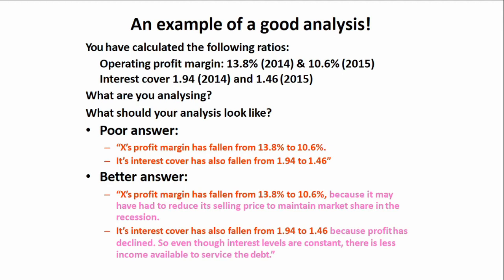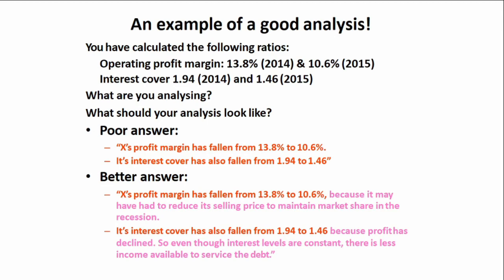So now we can go through an example of how to perform an analysis and compare different answers. So in our example here, we are told that we have an operating profit margin of 13.8% in 2014 and 10.6% in 2015. We are also told that the interest cover is 1.94 in 2014 and it is 1.46 in 2015.